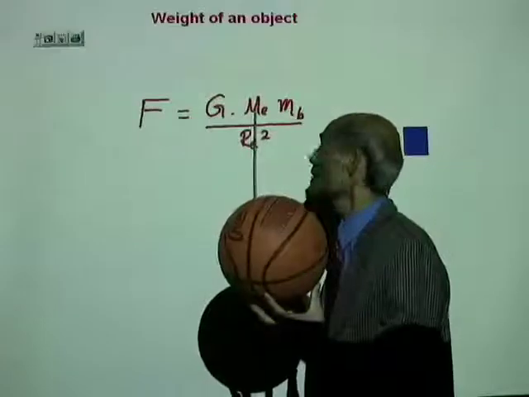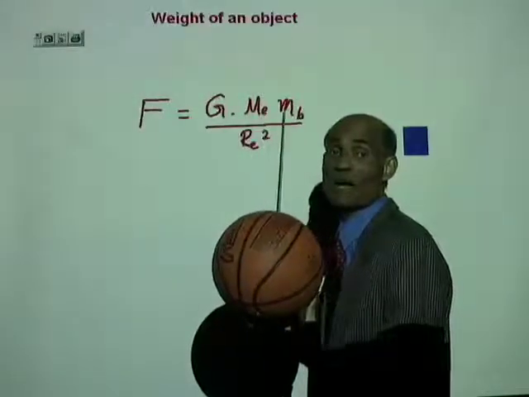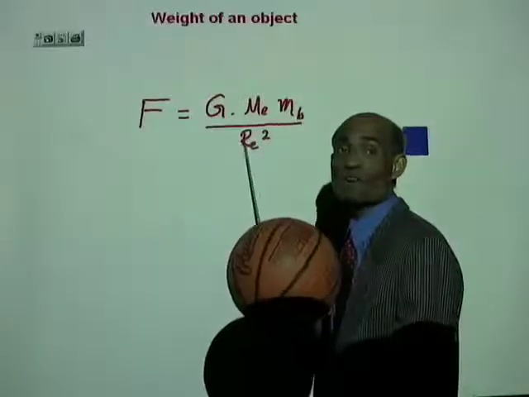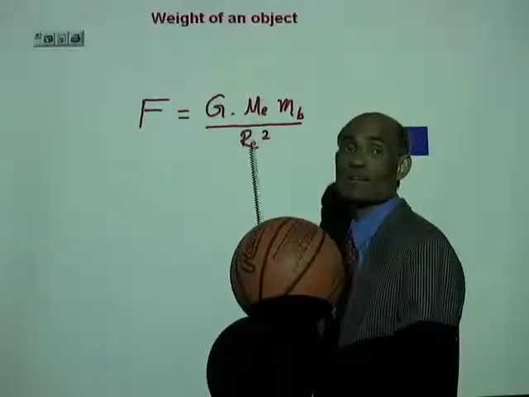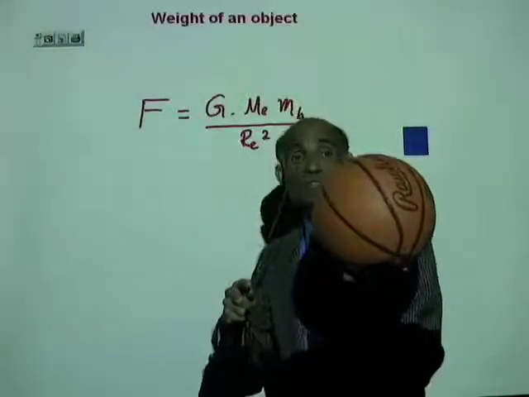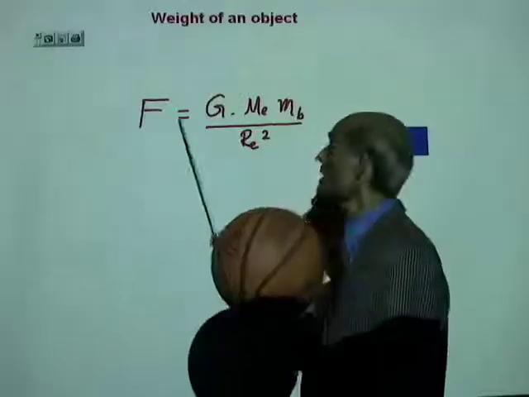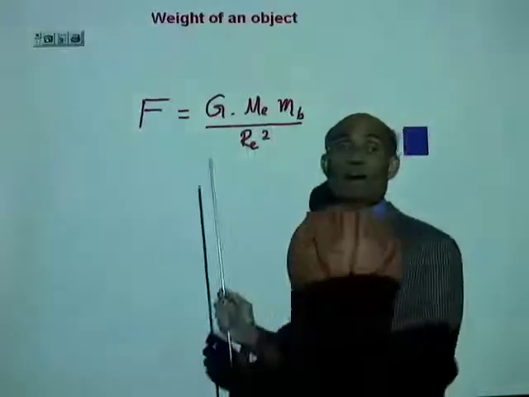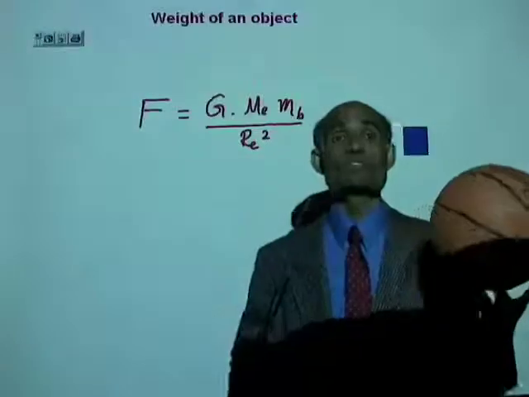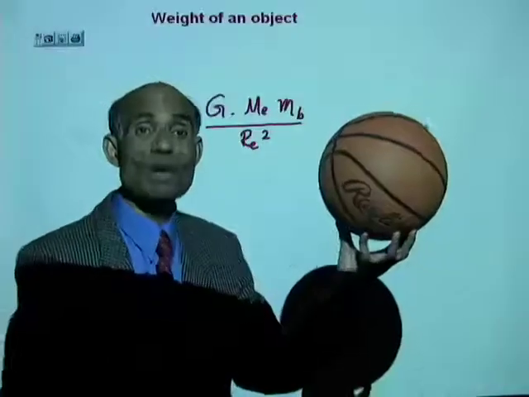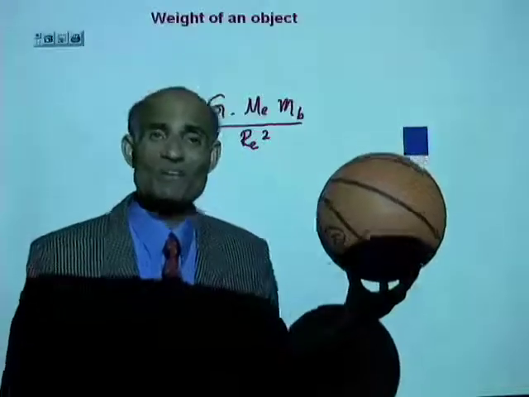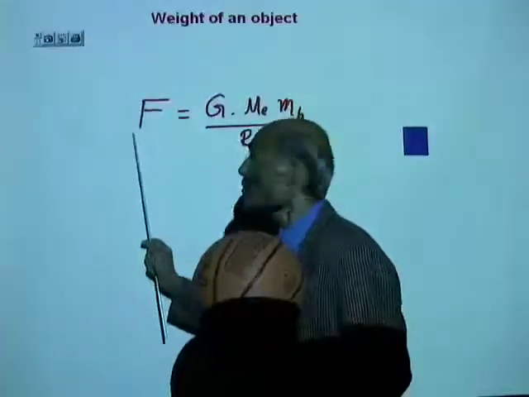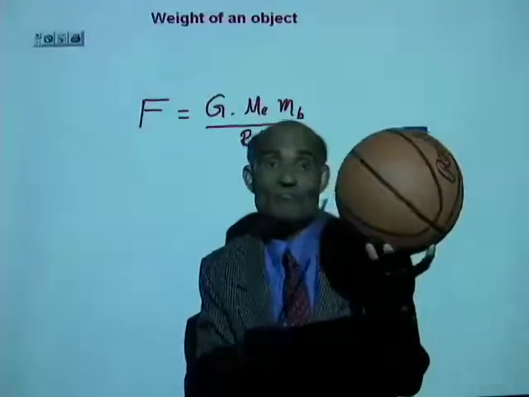If the mass of the earth I write as m sub e, and the mass of the basketball is m sub b, and the radius of the earth is r sub e, then the force exerted by the earth on this ball is F equal to G m e m b divided by r e squared, where we will assume that the distance between this ball and the center of the earth is the radius of the earth. Is it okay, that assumption? That's correct. And this force is what we call the weight of this basketball.